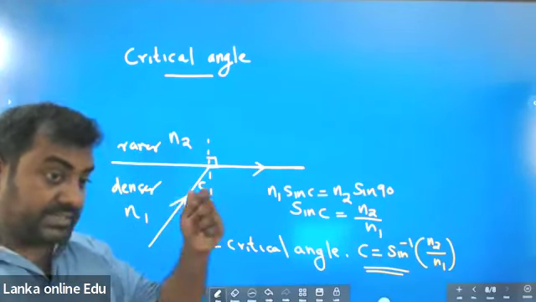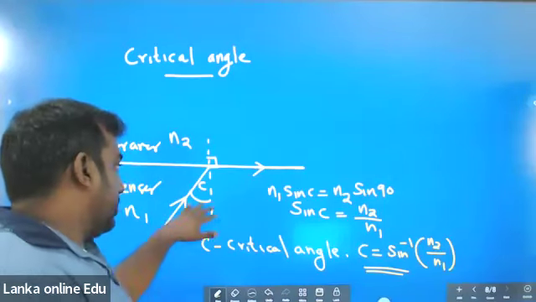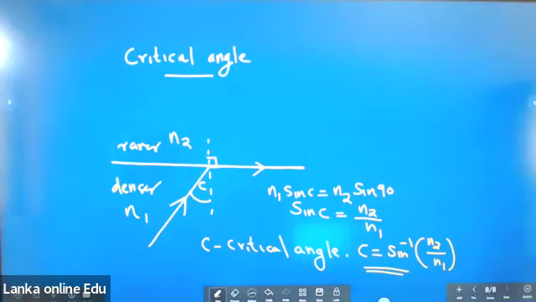The angle of incidence is known as the critical angle. Write it up.